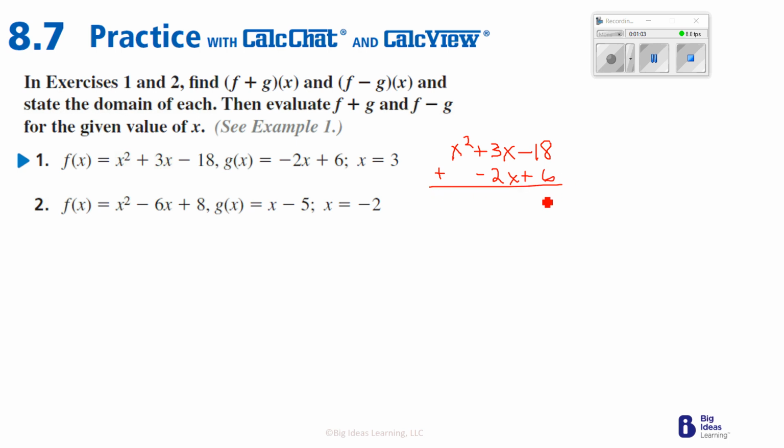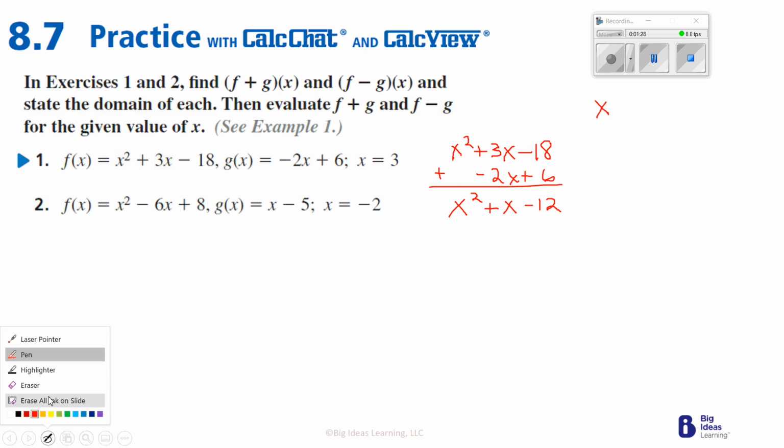When I put these together, I'm going to get negative 18 plus 6, that's negative 12. 3 minus 2 is positive x, and then x squared. All right, so that's going to be my answer for the first part. I'll leave the work there.